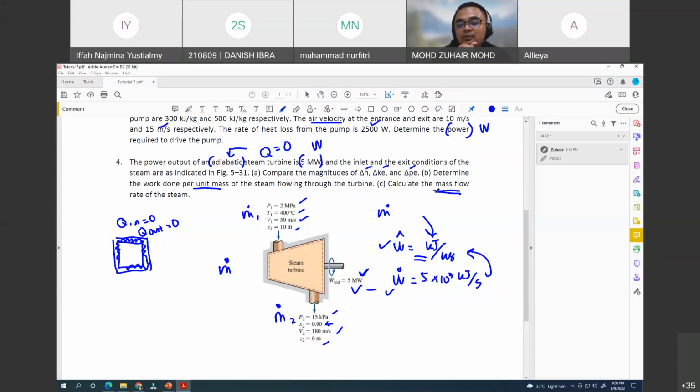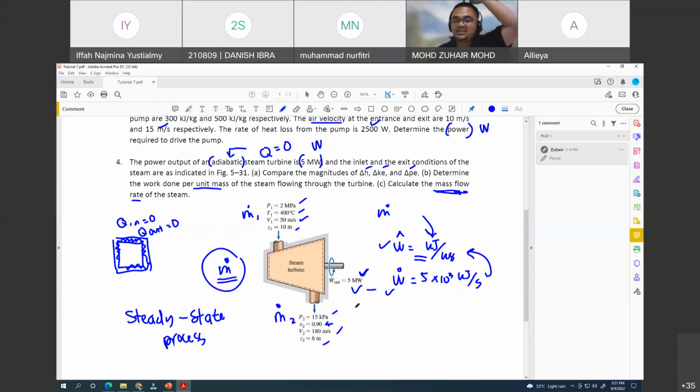Because we now calculate the mass flow rate tau. Dia tak cakap dekat in ke out. So maknanya dia ni. Kenapa kita kena consider this is sama? Because we are just referring to a steady state process. Bila steady state process, the mass in is equals to mass out. So bear that in mind.